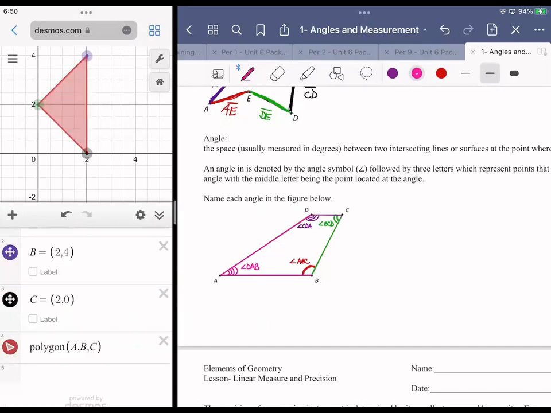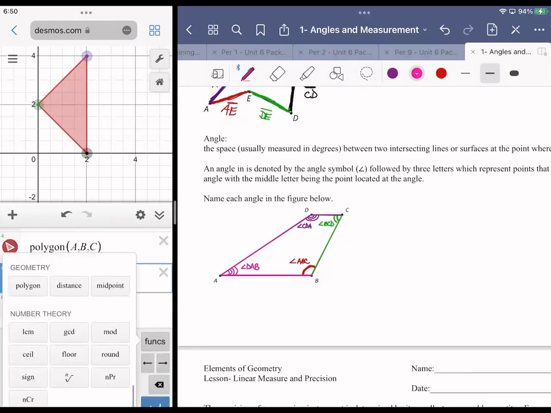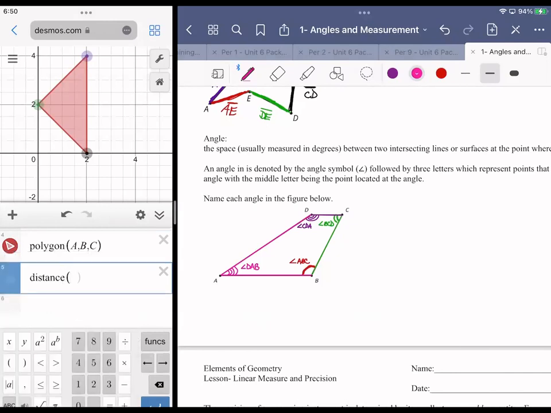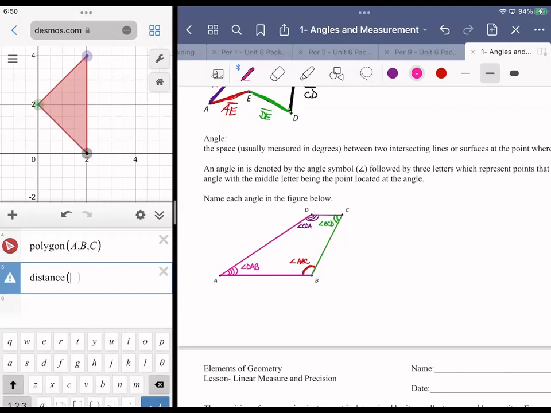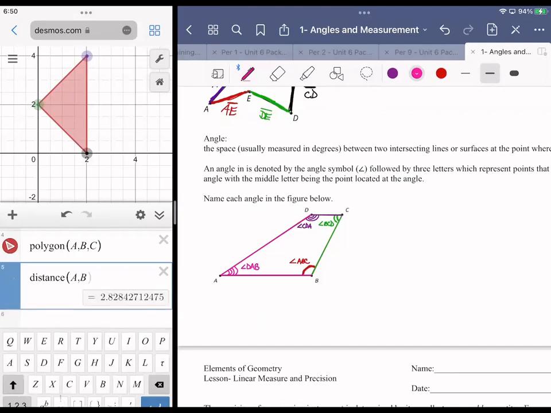We could also determine measures based off of that. For example, under functions, it gives us an option for distance. I could say, all right, tell me what the distance is between point A and point B. And it'll just flat out tell me that numerical value.